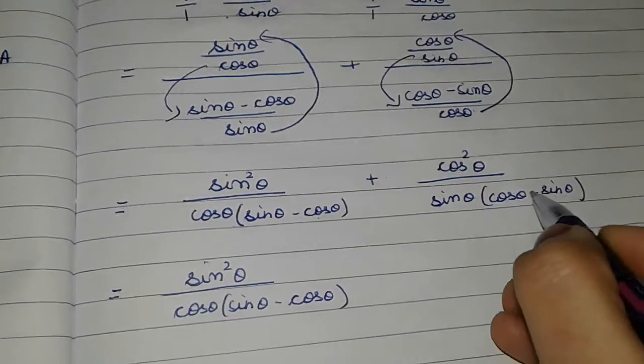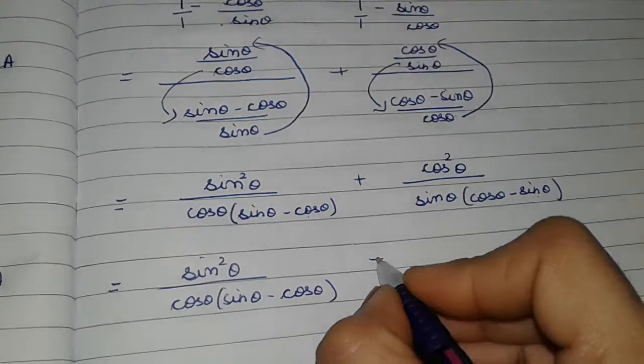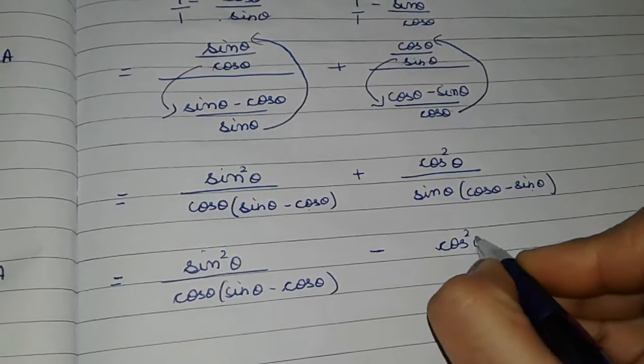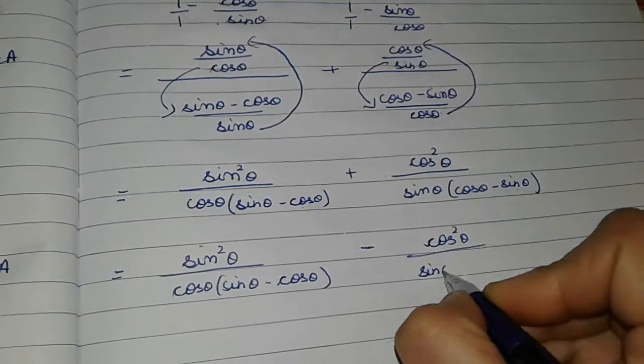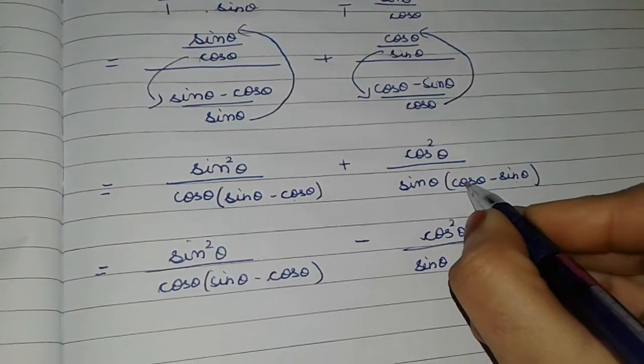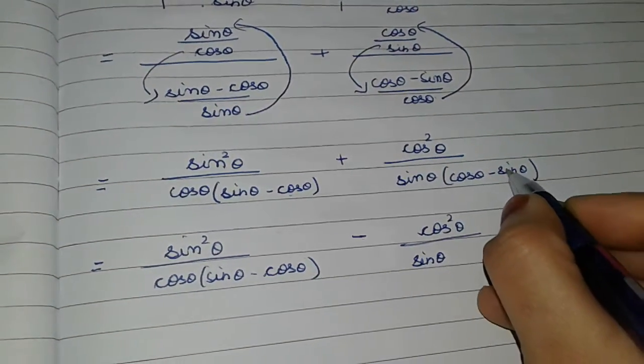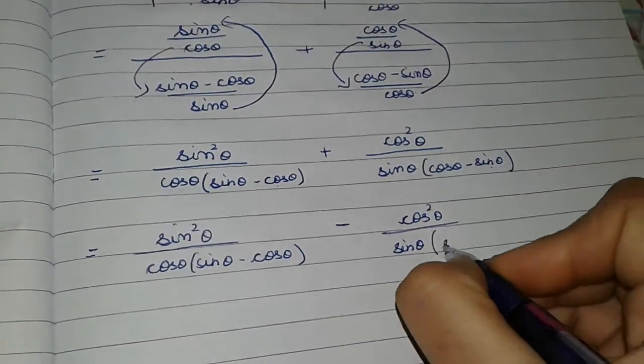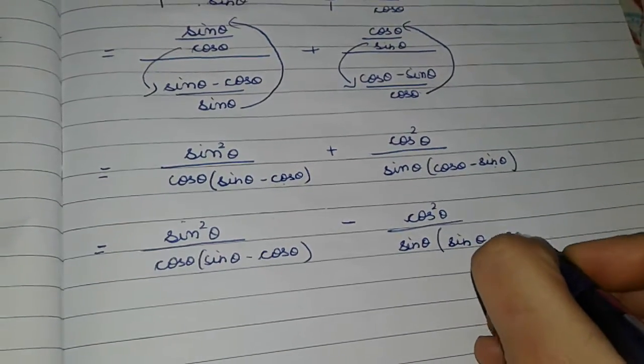Minus will come from this part and go here, cos square theta upon sin theta. Now this cos will become negative and this sin will become positive. It will be written as sin theta minus cos theta.